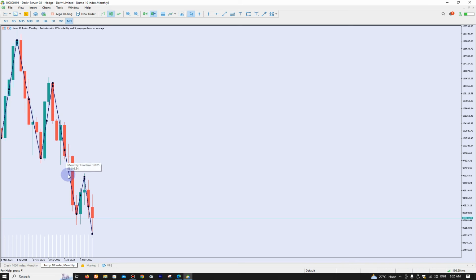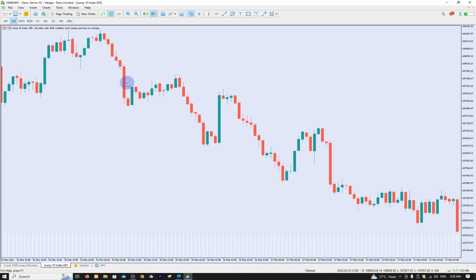Now we're going to break this down a little for those of us who are still learning, who are new to Forex. This is how the move has been. The monthly time frame is less noisy than the lower time frames, like the 5 minutes.